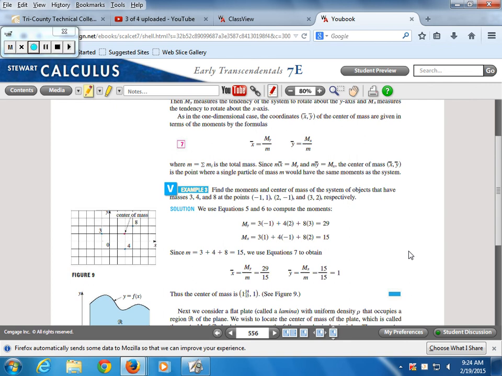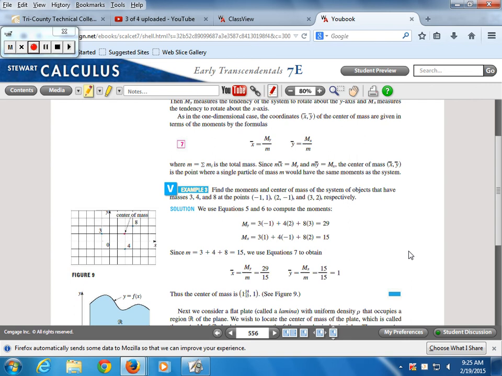Well, Hubert, I thought you said that's the y. Yeah, but you have to do the opposite, because right here, moment around the y-axis, 3 times -1. The mass of 3, but what? -1 is the x coordinate. And you have to remember that.